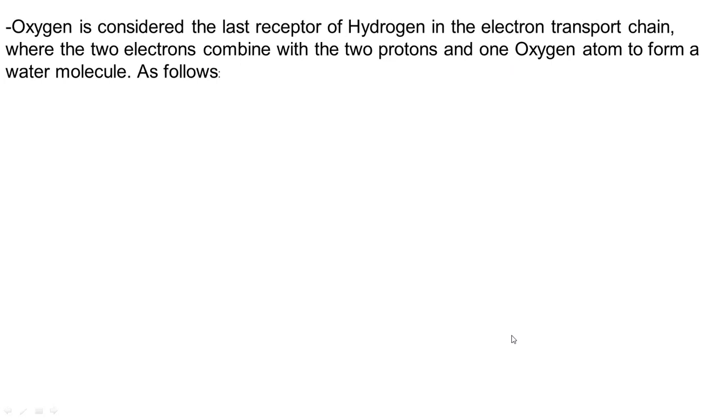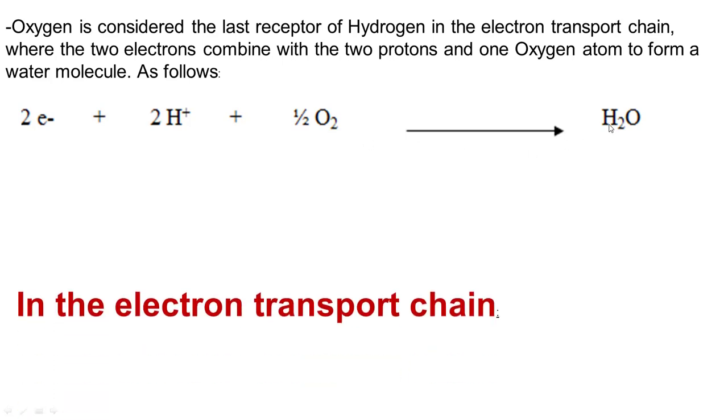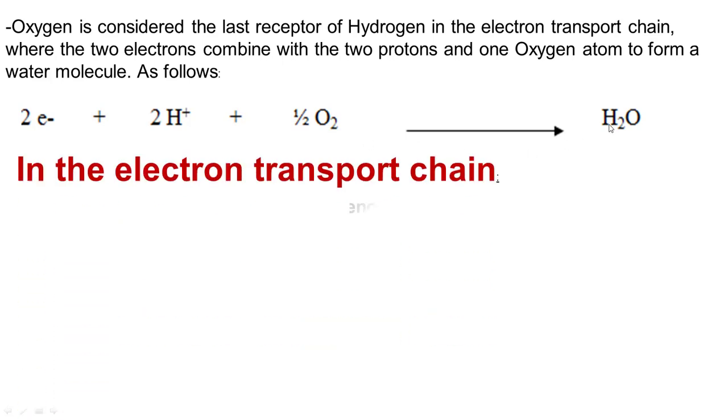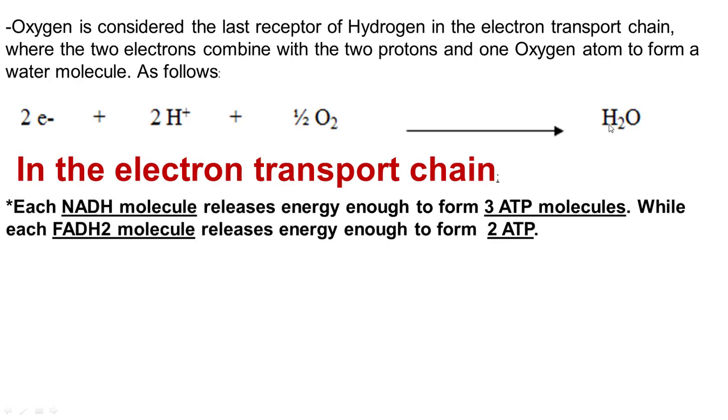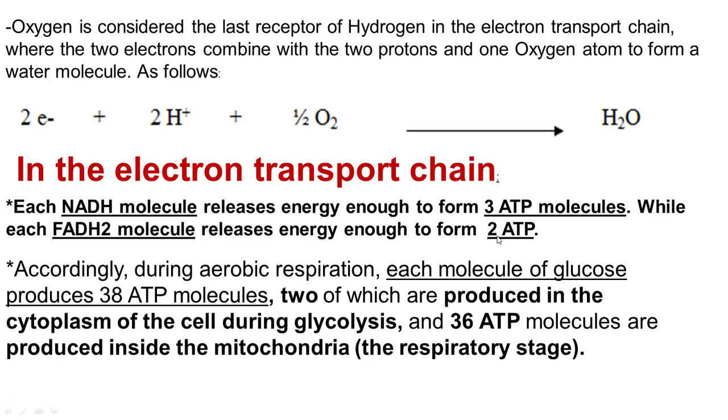Oxygen is considered the last acceptor. Its function is only to receive hydrogen after it becomes stable, to form water. Electrons with hydrogen, after coming down from the cytochromes, with half a molecule of oxygen give 1 molecule of water. In the electron transport chain, each NADH releases energy of about 3 ATP, while 1 molecule of FADH gives 2 ATP.